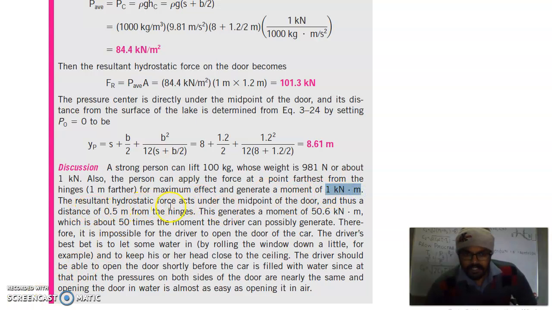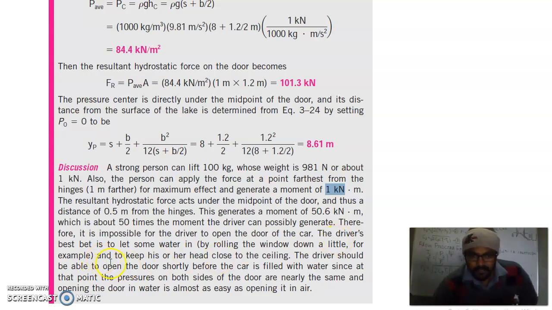The resultant hydrostatic force acts under the midpoint of the door, and thus at a distance of 0.5 meter from the hinges. So if you multiply this force by 0.5, you will get the moment. This generates a moment of 50.6 kilonewton meter, which is about 50 times the moment the driver can possibly generate. So it is impossible for the driver to open the door.